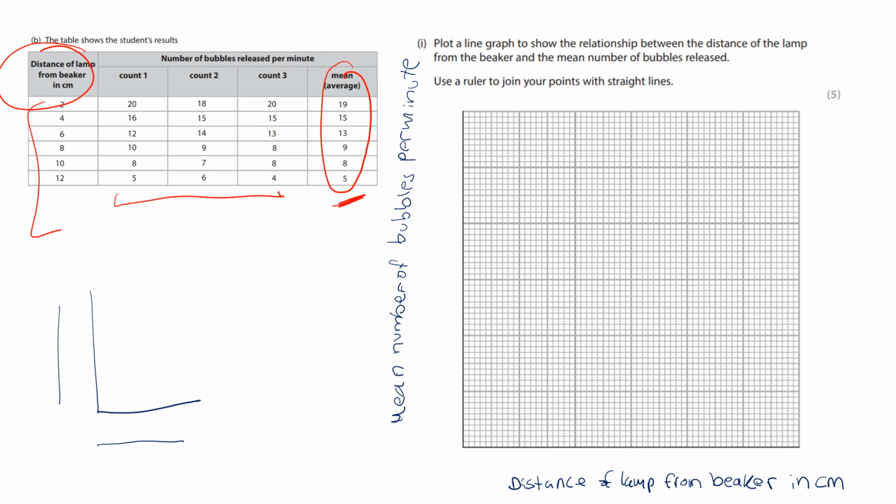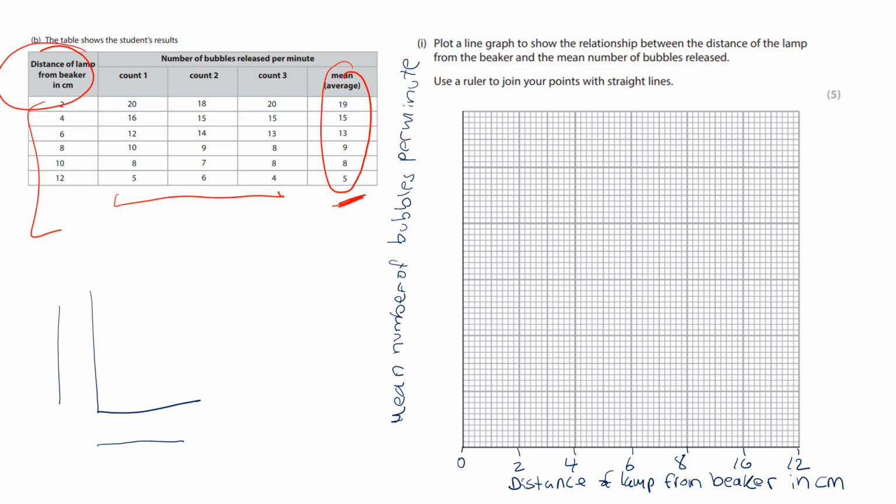2, 4, 6, 8, 10, 12. Oh, perfect. This will be 0, 2, 4, 6, 8, 10, 12. It has to cover more than 50% for you to get the mark. Okay, and then our bubbles go all the way to 20.